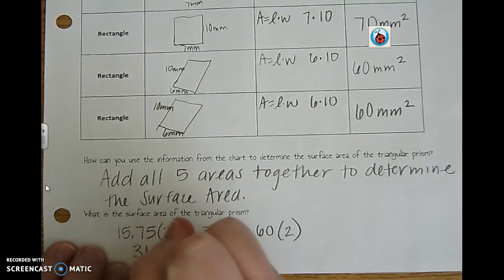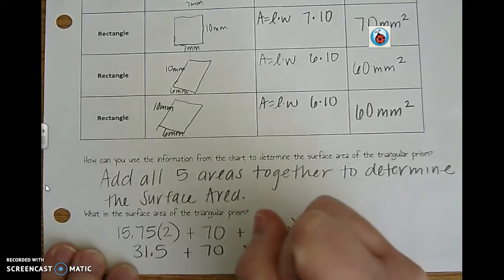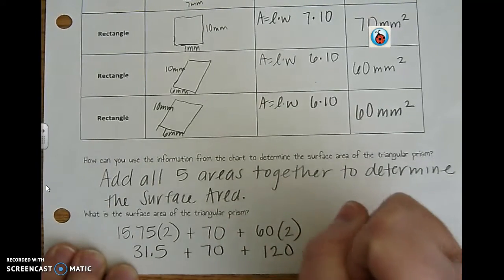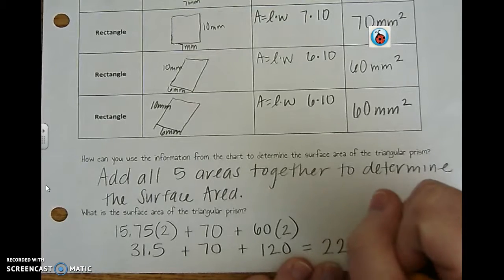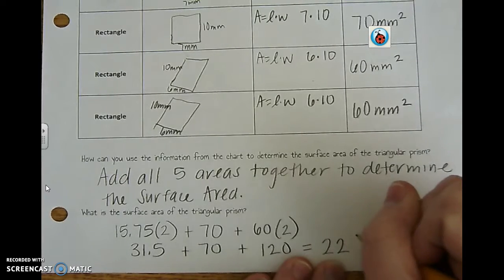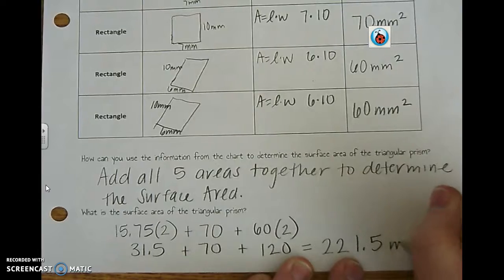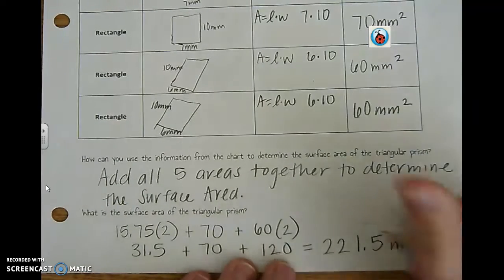This would be 31.5 plus 70 plus 120. And my final surface area is going to be 221.5 millimeters squared.